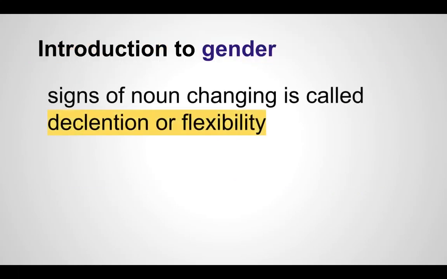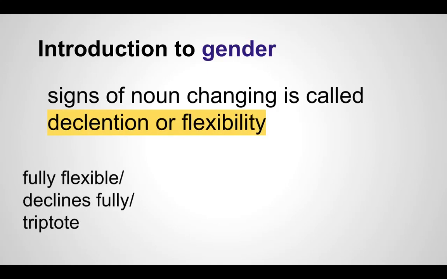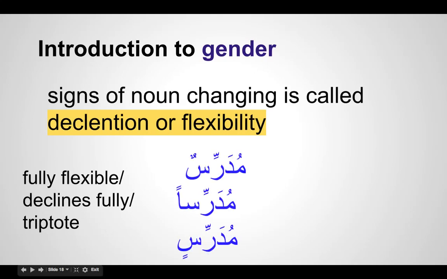So when a word takes double dhamma or single dhamma, double fatha and kasra at the end of the letter, it's called fully flexible, or we can say it declines fully, or it is also known as triptote. What do I mean?